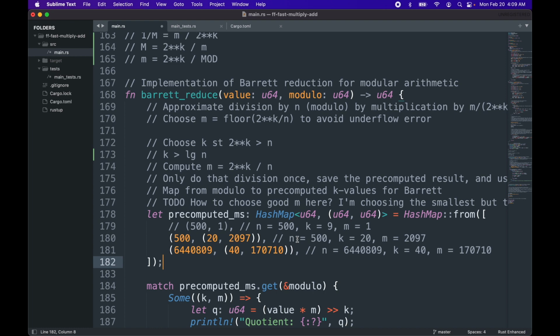That's all to say, when you do Barrett reduction, as you're adding numbers together, as you're multiplying numbers, you need to reduce in order to not overflow. And you're doing all this in modular arithmetic, so you have some modulo.